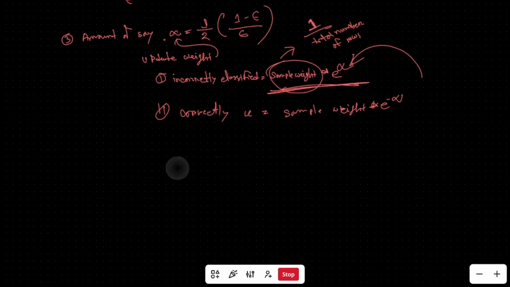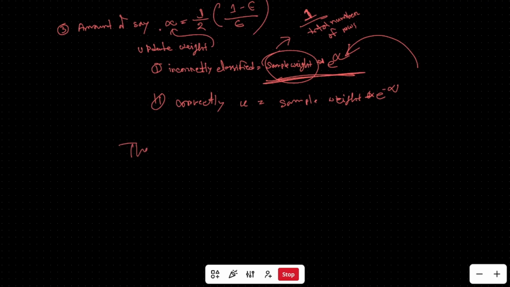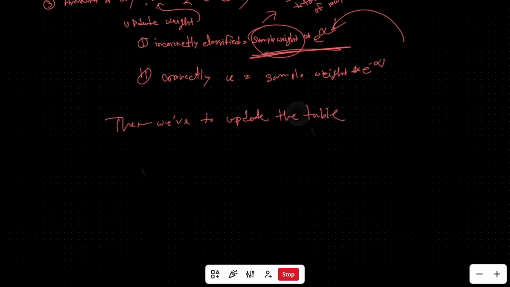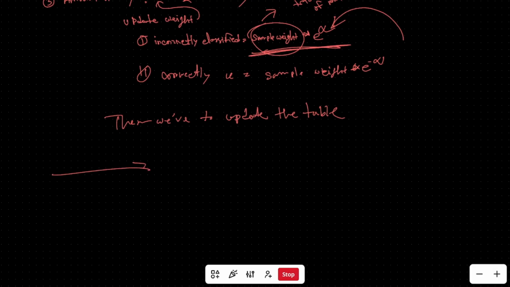Then we have to update the table. Then there is normalized, then cumulative normalized sample weight.